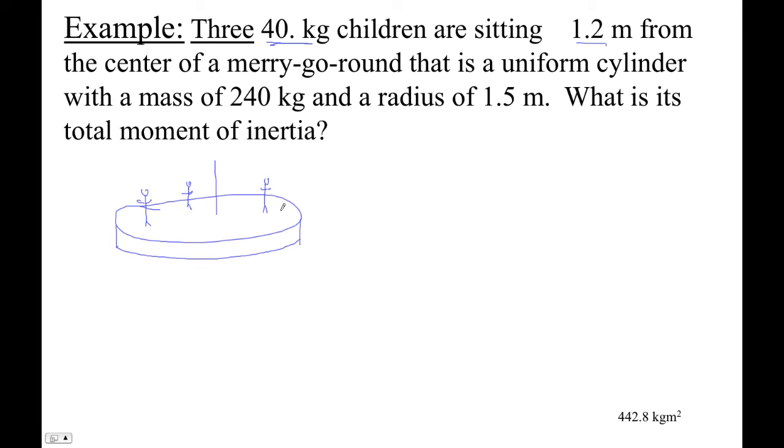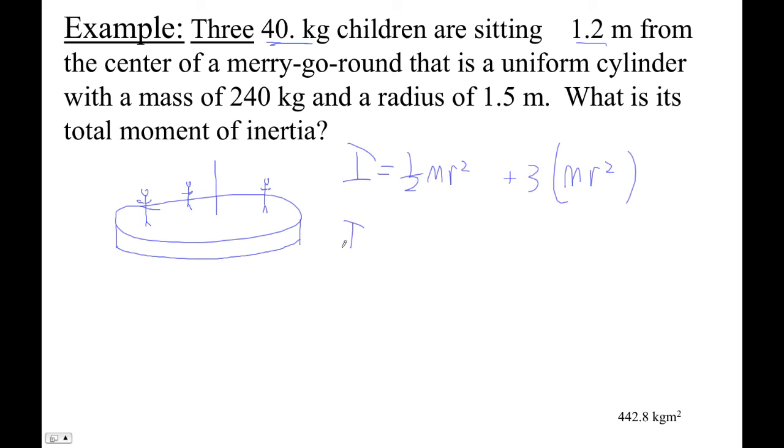Basically, the moment of inertia of this whole system is going to be the moment of inertia of the merry-go-round plus the kids. So I is going to be 1/2 mr squared for the cylindrical merry-go-round. And then it's going to be 3. If they just give you an object at some distance, just pretend it's a point mass, that it's mr squared.